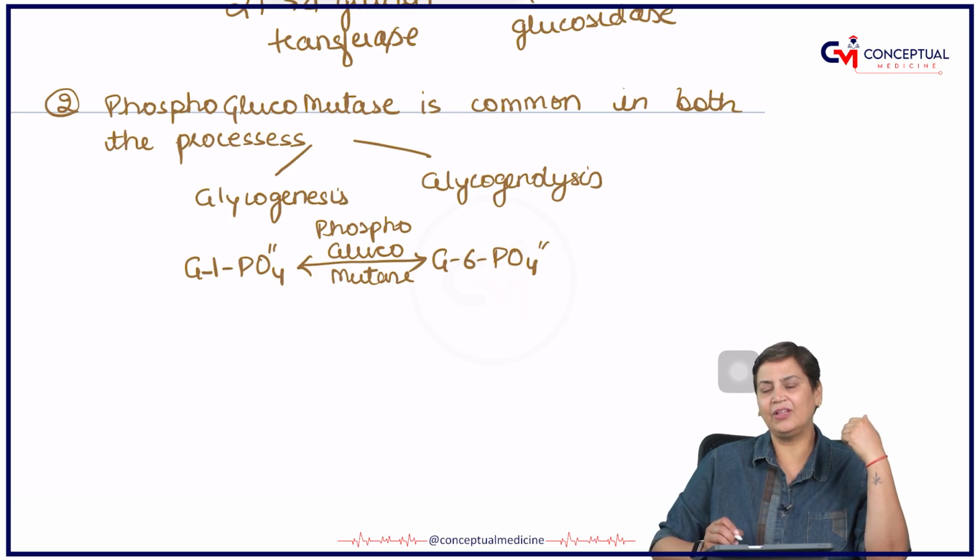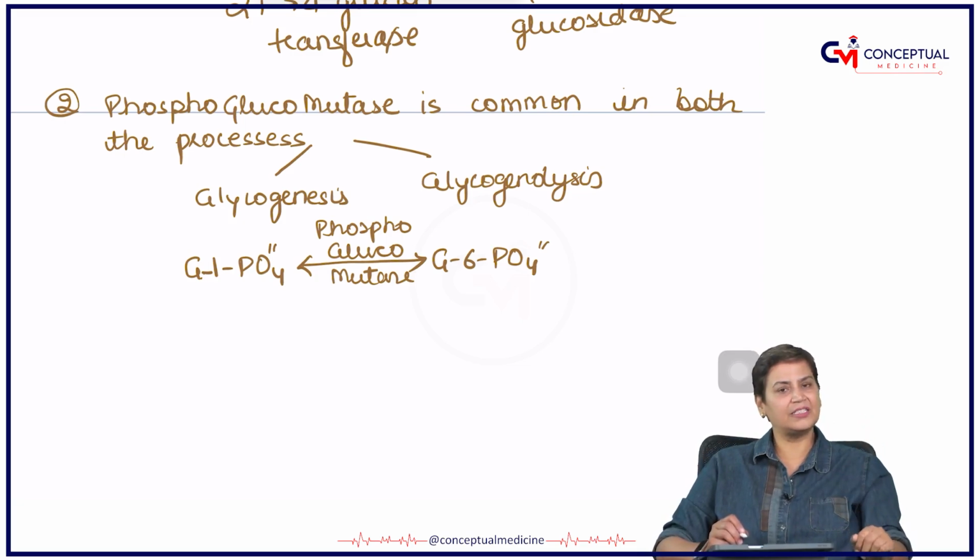On the other hand, when the body undergoes fasting and requires energy, this glycogen will be broken down to glucose. Both processes occur in the liver and the muscle, but in the muscle, glycogenolysis will never contribute to blood glucose. Why? Because the muscle lacks glucose 6-phosphatase, whereas in the liver, glucose will be synthesized.